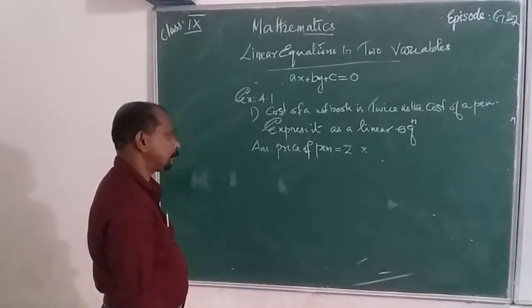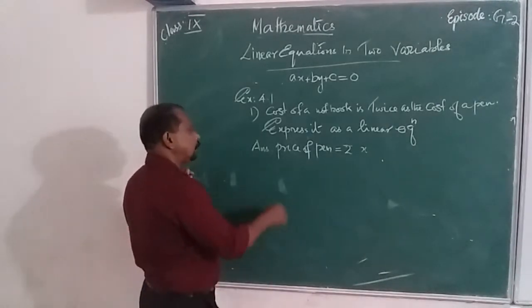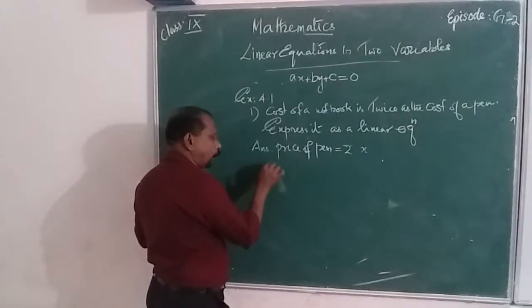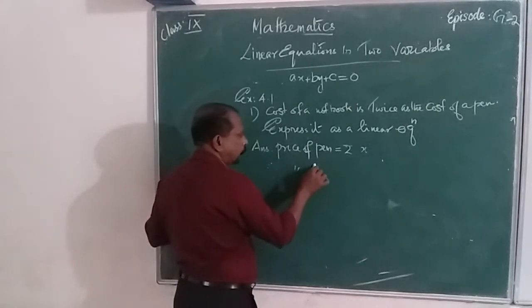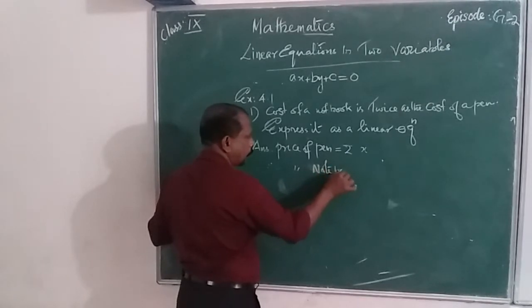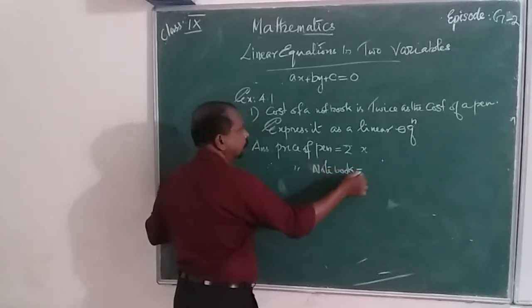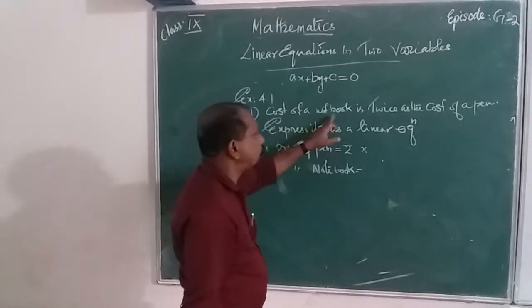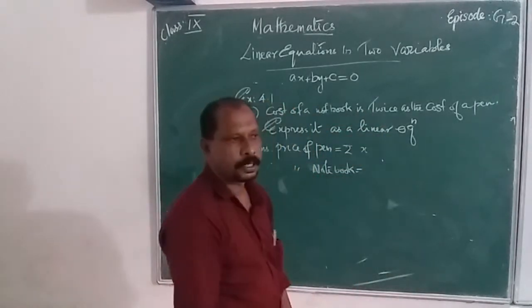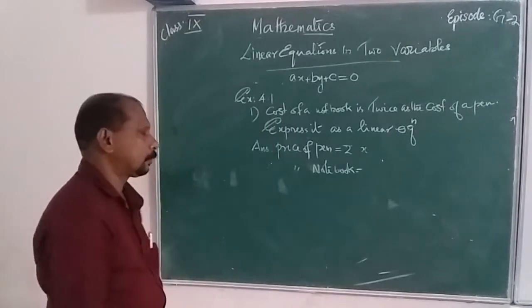Similarly, the price of notebook. In the question, the cost of a notebook is twice. Twice means 2 times. Thrice means 3 times.